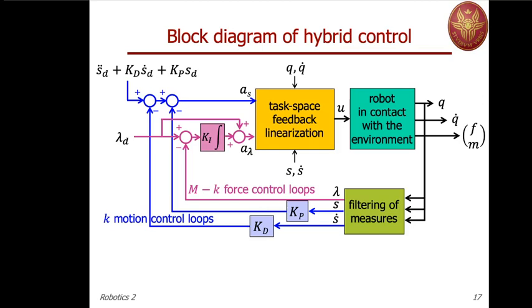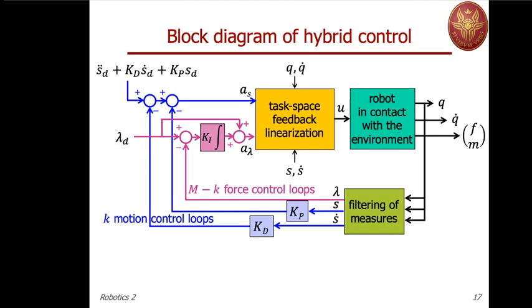In particular, double chains of integrators between each component of A_S and each component of S, and an algebraic relation between each component of A_lambda and each component of the output lambda.